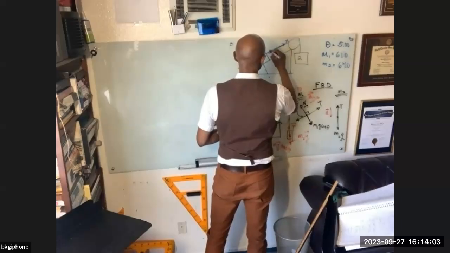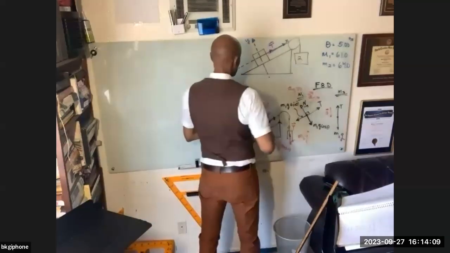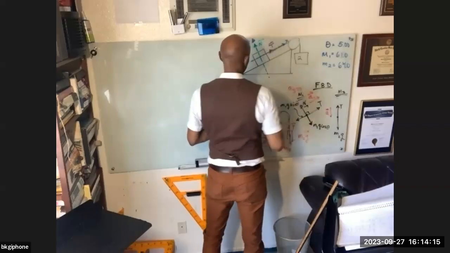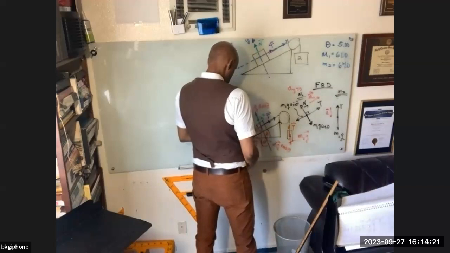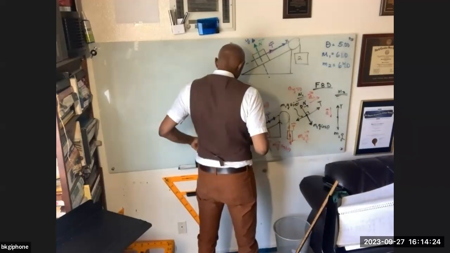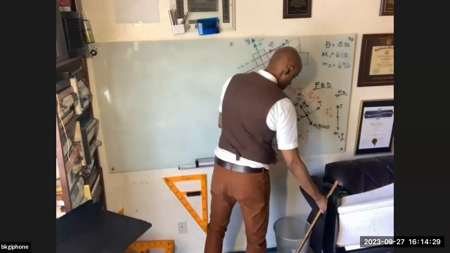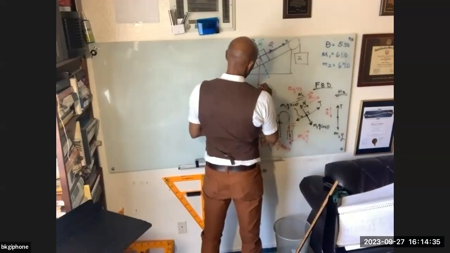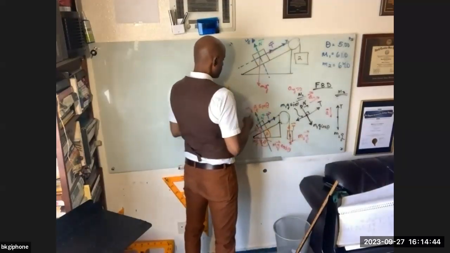Tension is here. Normal force is here. Gravity is straight down, hence makes an angle. Now, this is theta right here.